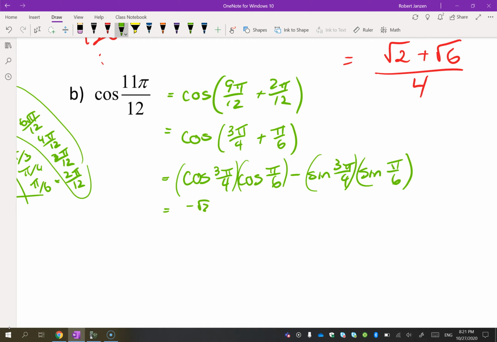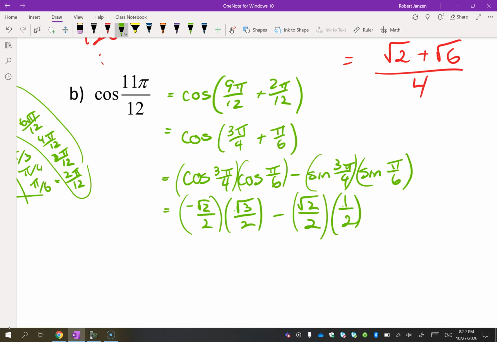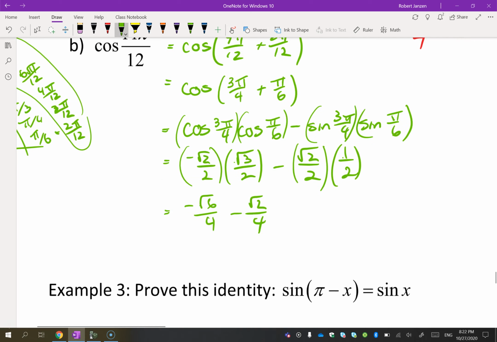Okay, this one's negative root 2 over 2. This one's root 3 over 2. This one's root 2 over 2. And this is a half. So I get negative root 6 over 4 minus root 2 over 4. And I can write that as negative root 6 minus root 2 over 4.